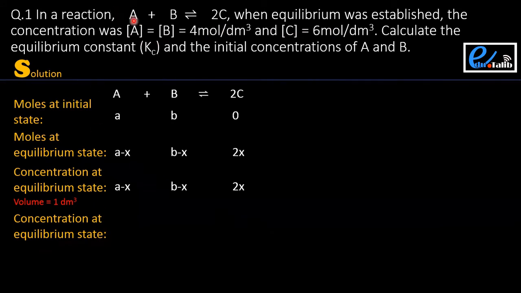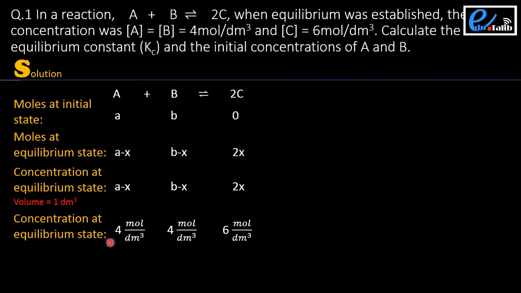Concentration of A and B is 4 mole per dm cube, so we copy the 4 mole per dm cube for A, and for B this is 4 mole per dm cube. And the concentration of C is 6 moles per dm cube. So these are known to us in numbers, the concentrations at equilibrium.